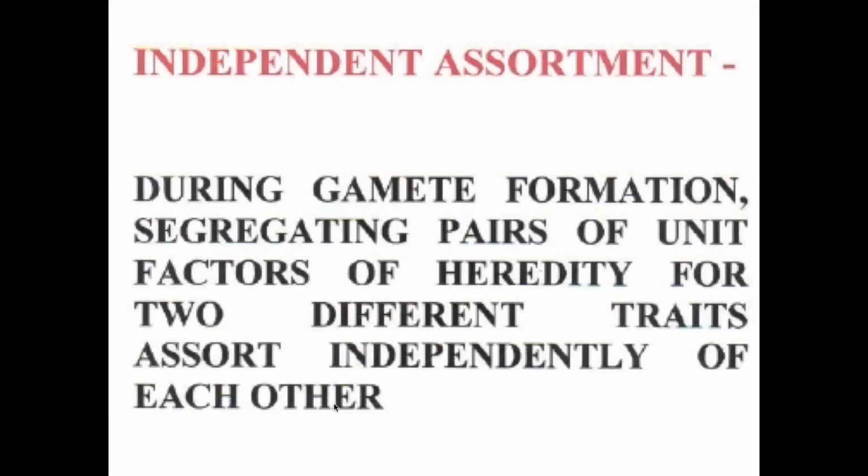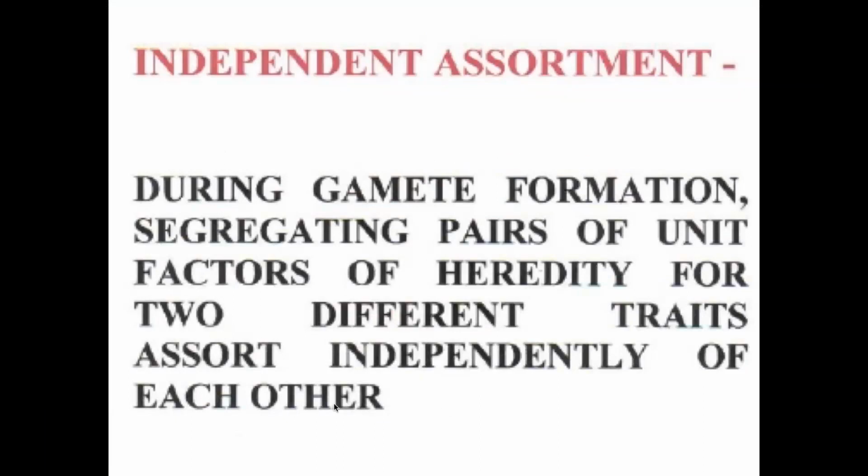So again, something that I referred to previously when we were talking about meiosis. And so again, we'll get back to that in a little bit. So what did Mendel mean by independent assortment, or what did he conclude from those observations about this law of independent assortment?